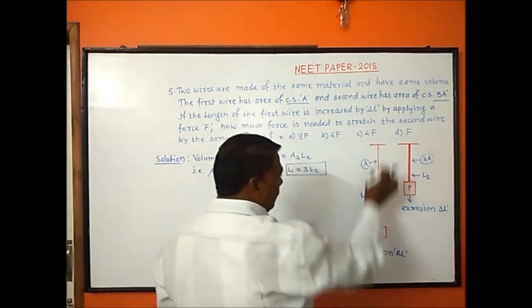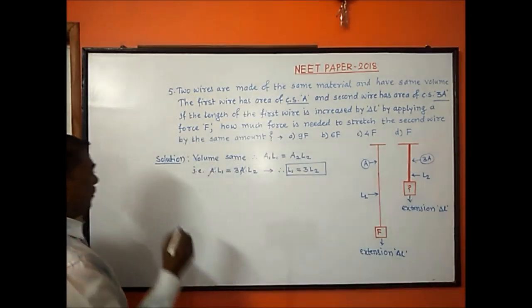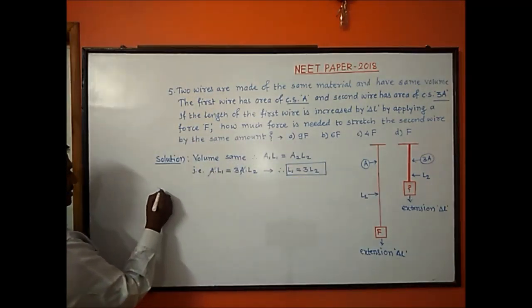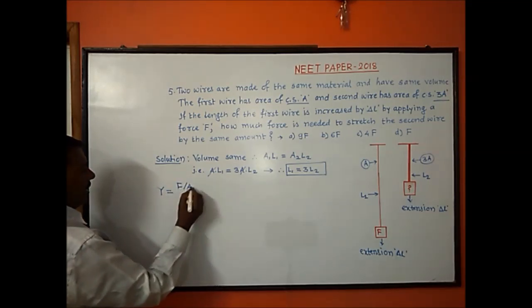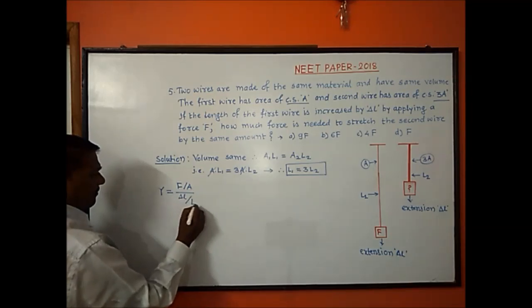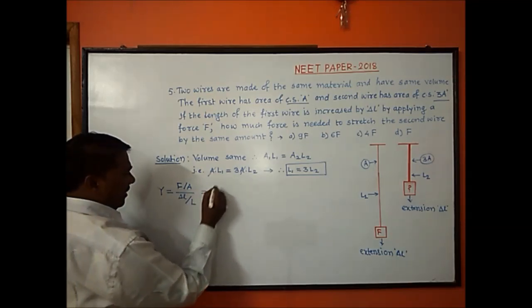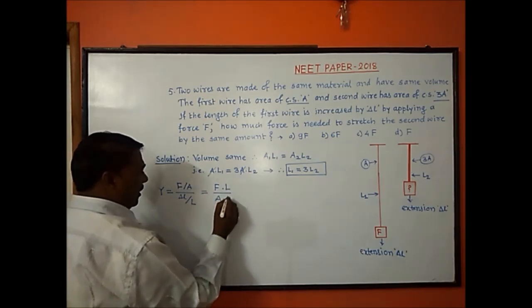That means the length of the first wire is 3 times that of the second one. Now according to Young's modulus, Y equals F by A upon delta L upon capital L, that is nothing but F into capital L upon A into delta L.